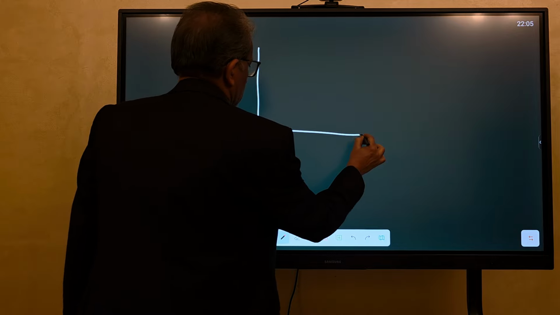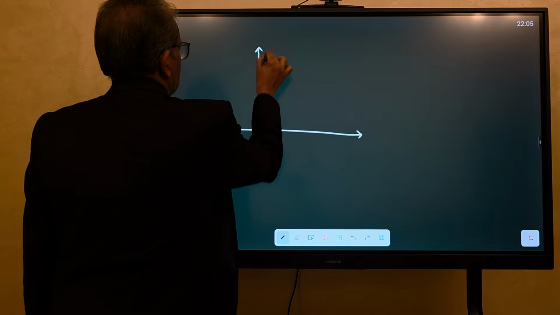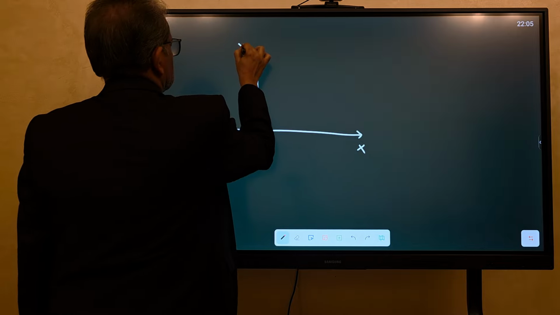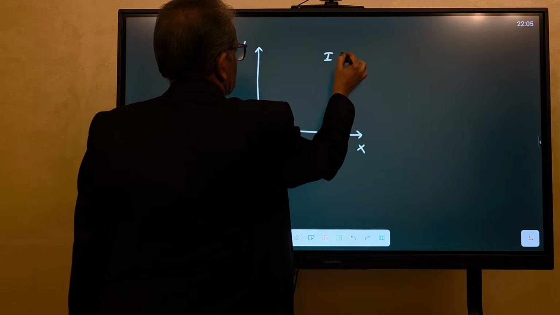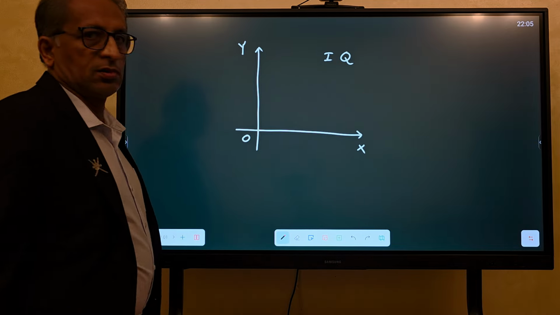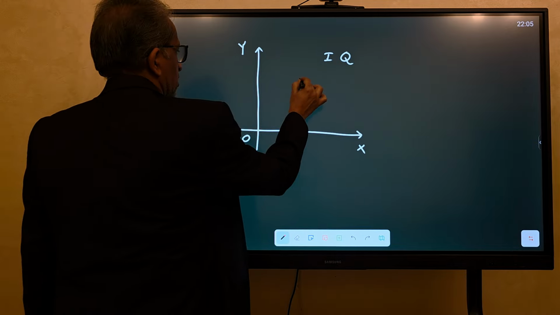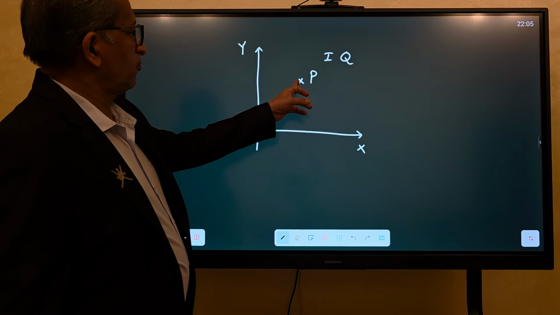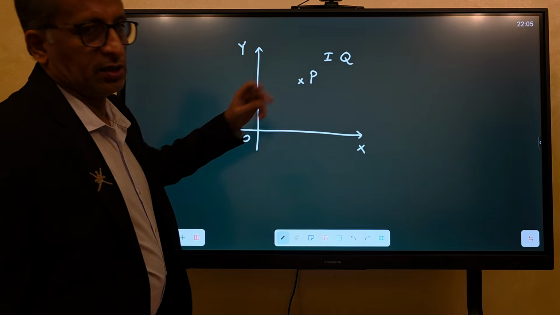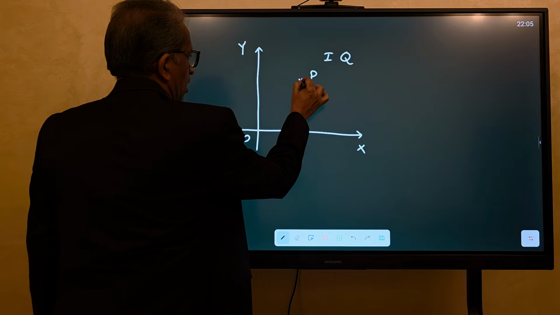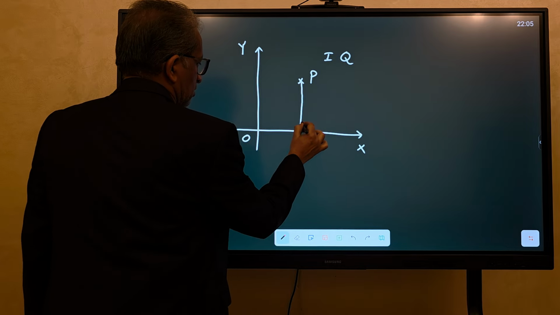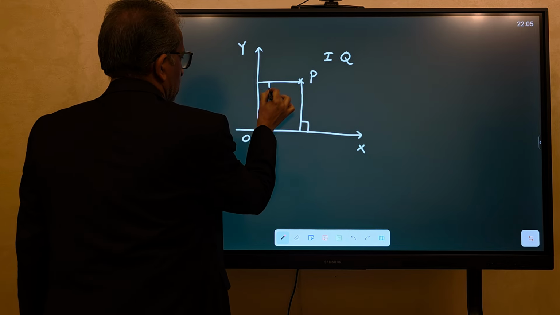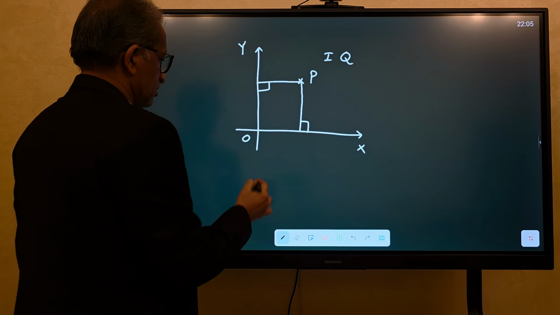Suppose I take the first quadrant. This is the first quadrant. Suppose I have a point here, P. I want to find the location of this point P. So what I will do is drop a perpendicular to the x-axis and a perpendicular to the y-axis.